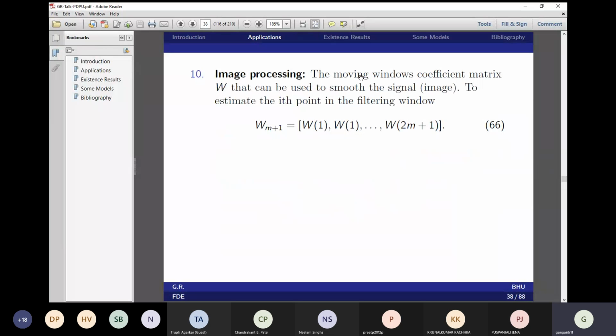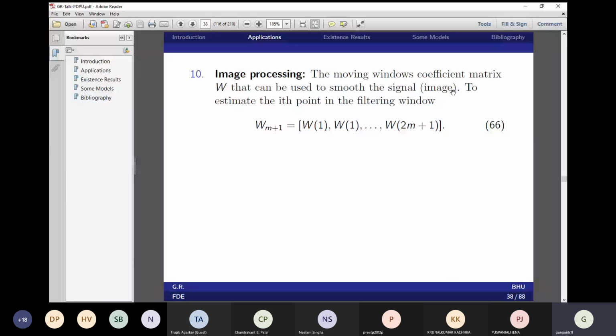Image processing. Also, we can use fractional calculus in image processing, as Professor Y. Cheng introduced the application of fractional calculus in image processing. You can see that the moving window coefficient matrix W can be used to smooth the signal.